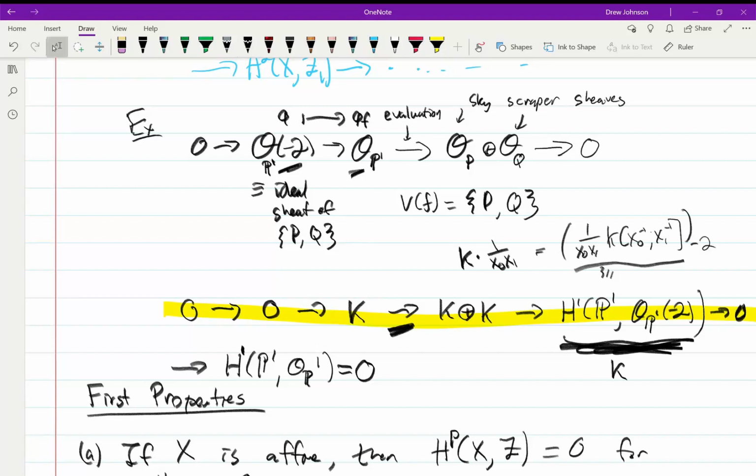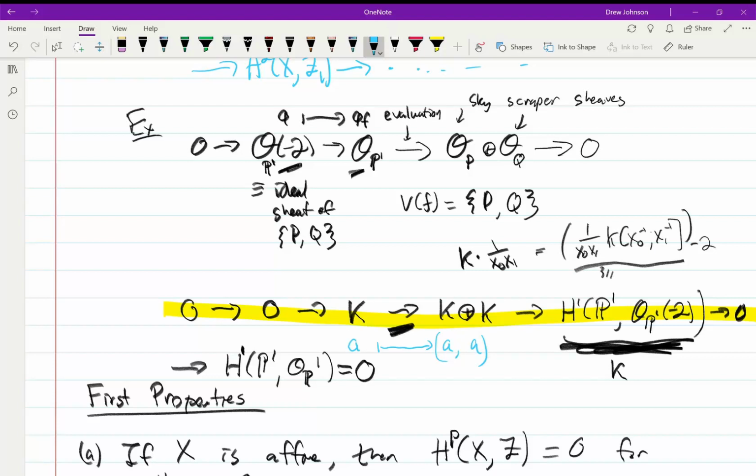In fact, we can describe these maps pretty explicitly. So this k just corresponds to constant functions on P1. And then this map, remember, corresponds to evaluation of those functions. So this will just map a to (a, a), all right? And then this map is what's called the connecting homomorphism in the long exact sequence.